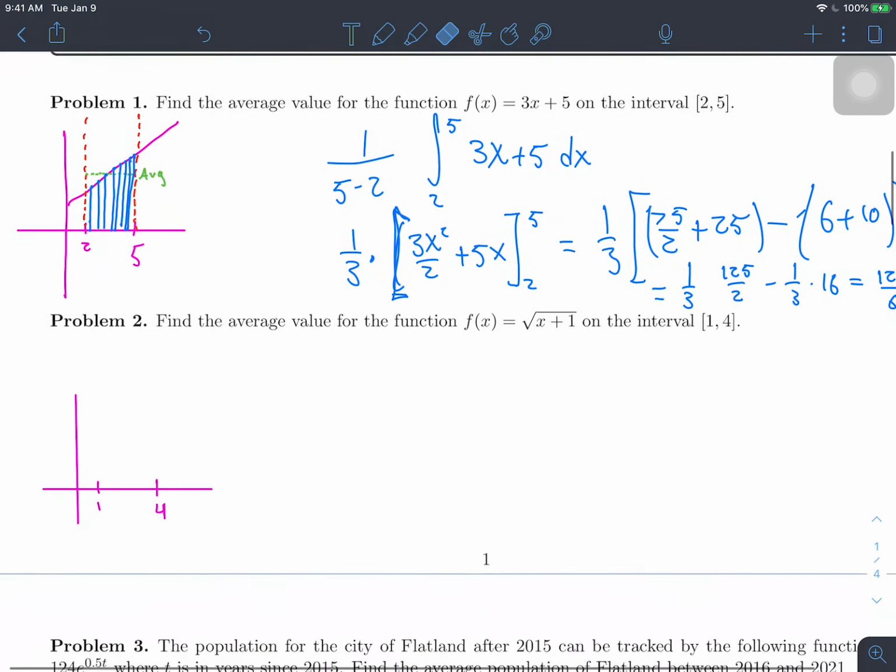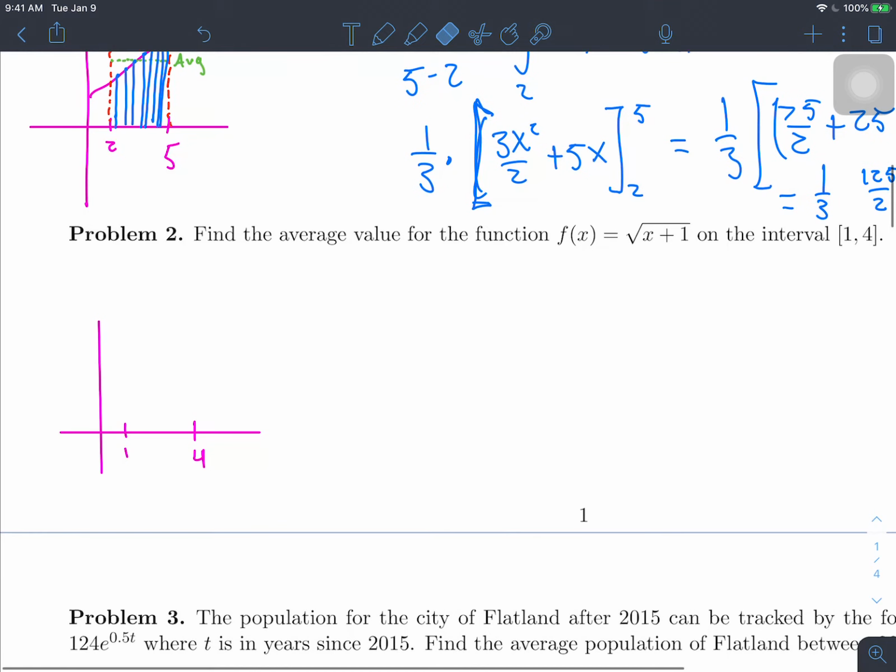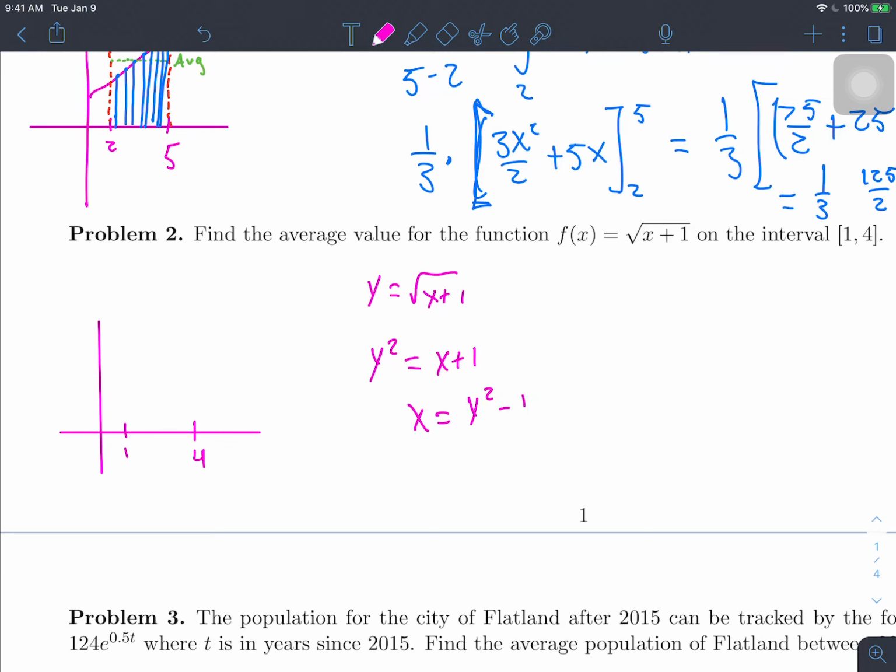Okay, so in our case, let's draw here. Does anybody know what the graph of square root of x plus 1 looks like? I'll give you a hint. If we have y equals the square root of x plus 1, then we have y squared equals x plus 1. And then x will be equal to y squared minus 1.